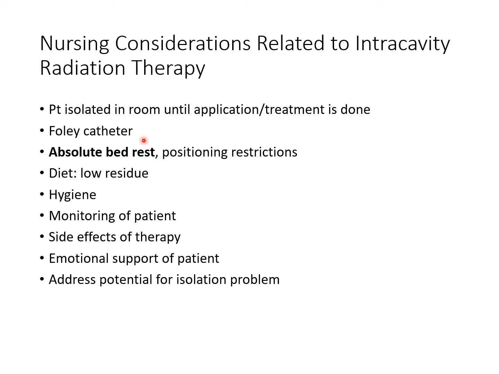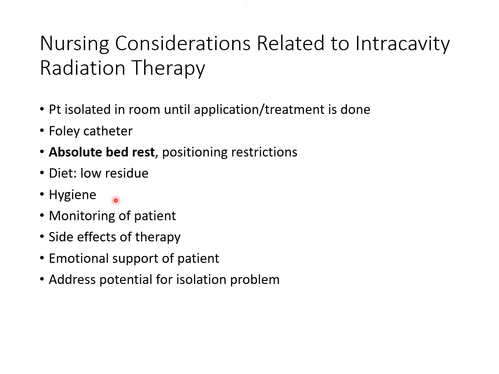To get up to pee or anything like that, because they might dislodge the radiation that's been implanted. So we don't want that. So absolute bed rest, positioning restrictions, low residue diet, because you don't want them pooping a lot either, right? Because if they have a high residue diet, what does that mean? They're going to be pooping a lot, so a lot of movement. We don't want that. So they can adjust the diet accordingly.